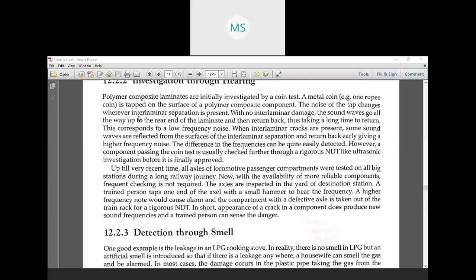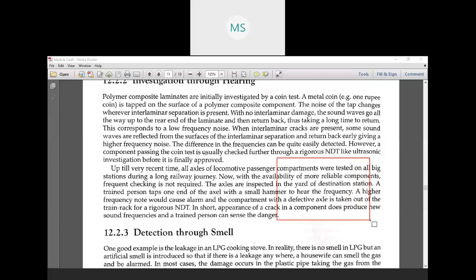Whereas whenever interlaminar cracks are present, if there is some dislocation of the interlaminar layers, then the sound waves are reflected from that surface of the interlaminar separation and return early, giving a high frequency noise. If you have any doubt about this, let me draw one small diagram to make it clear.